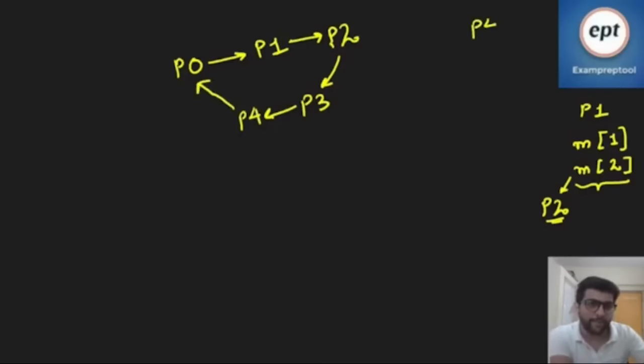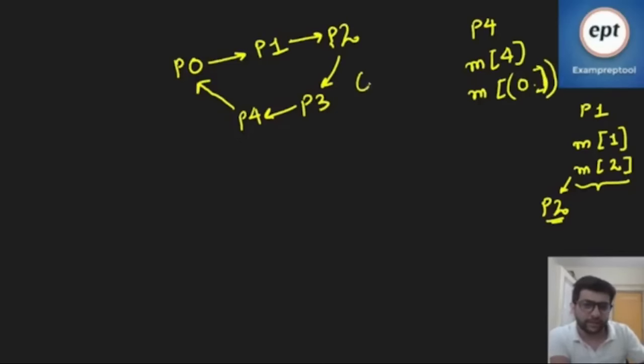How? P4 was holding mutex 4 and it is now waiting for mutex 0. Right? So we have a circular wait here and this leads to a deadlock.